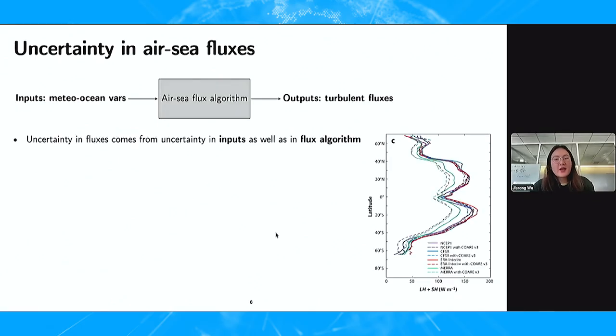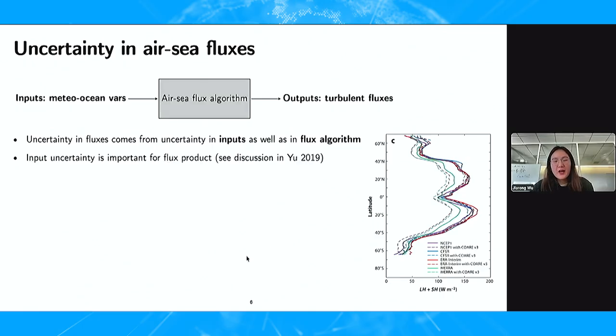And also I'd like to mention that there is an uncertainty in air-sea flux algorithms, although in my opinion it's under-discussed. If we take a look at what causes the uncertainty in the output fluxes themselves, they come from both uncertainty in the inputs, so the meteorological and ocean variables that you pass in, as well as the flux algorithm itself.